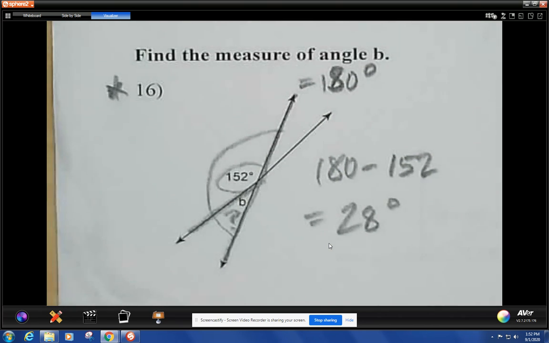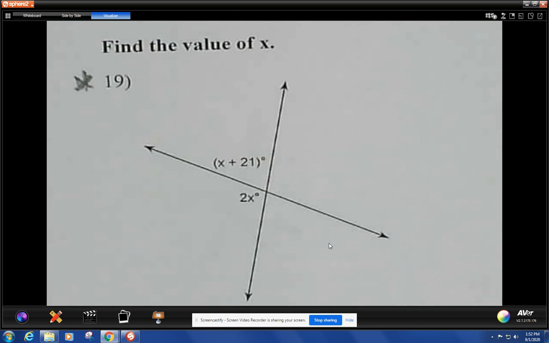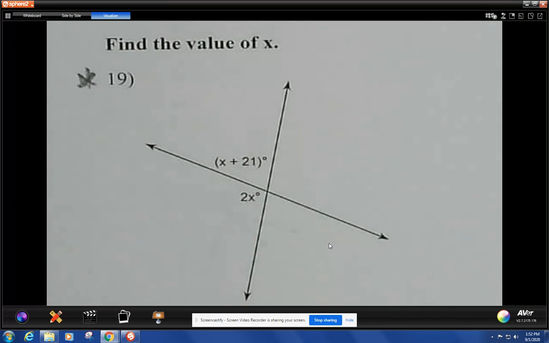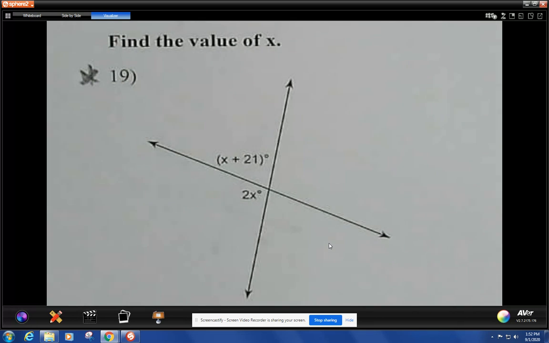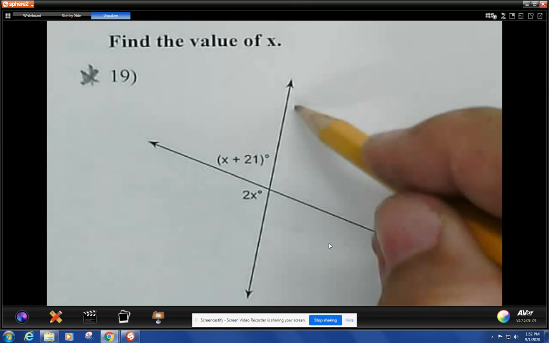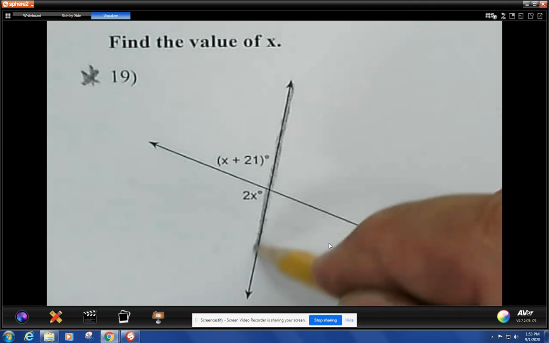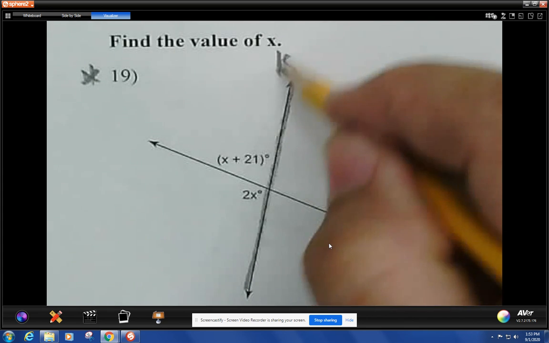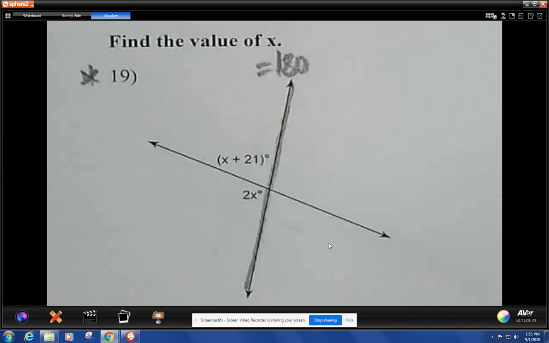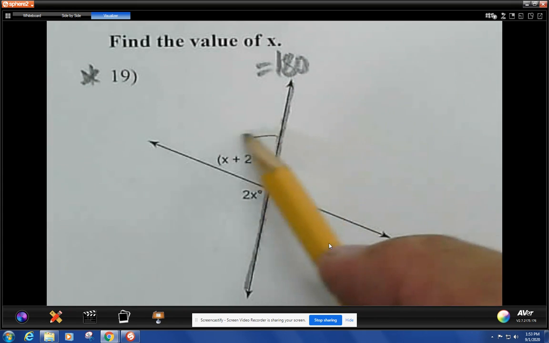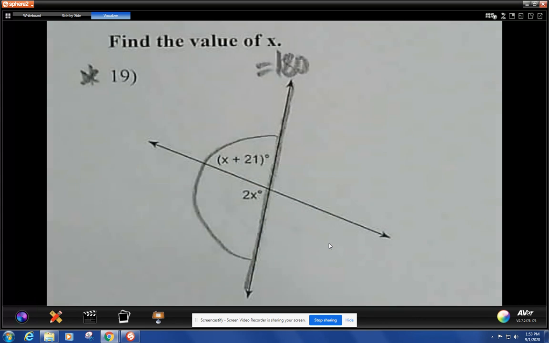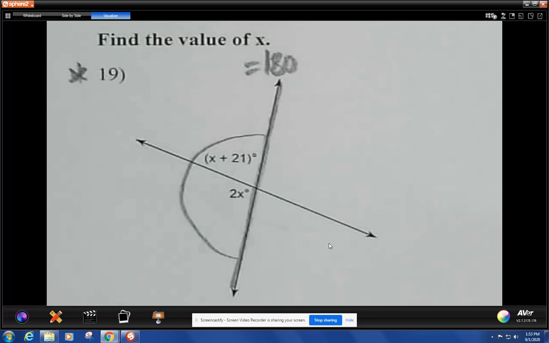All right. One last problem, number 19. It says find the value of X. Again, I see it if I really look close. I've got this 180 degree line again. But now I've got two different values here that make up, they have to equal that 180 degrees. So I'm going to set my problem up again just like I did before.